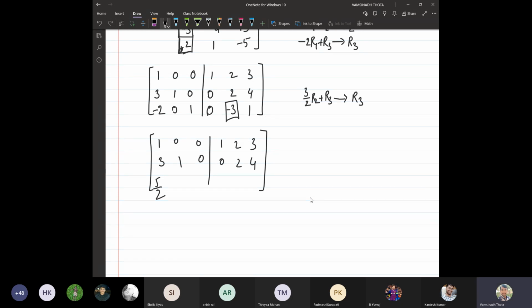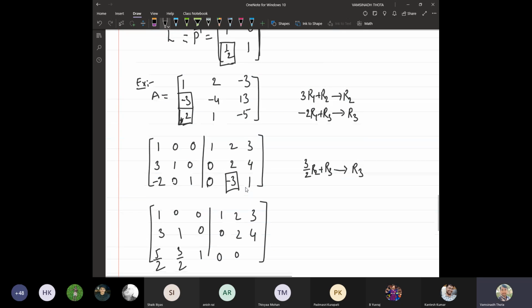And then 3 by 2 times this one plus 0, so that is 3 by 2. And then here it is 1. So what will happen here? It is 0. 3 by 2 times 2, the 2 will get cancelled, minus 3 plus 3, here it will be 0. Oh, minus 3. Okay, right. Thank you, ma'am.